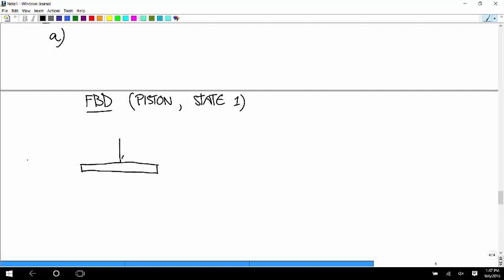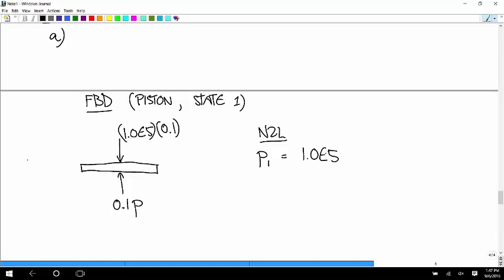So the only force pushing down is 1.0 times 10 to the fifth times the cross-sectional area. And the force pushing up, I didn't give a mass, by the way, of the piston. That just means that it's small. We're neglecting it. The force pushing up is that same cross-sectional area, 0.1, times the pressure of the gas. Newton's second law says those have to be equal. So P1 is equal to 1.0 times 10 to the 5 after you go through that.